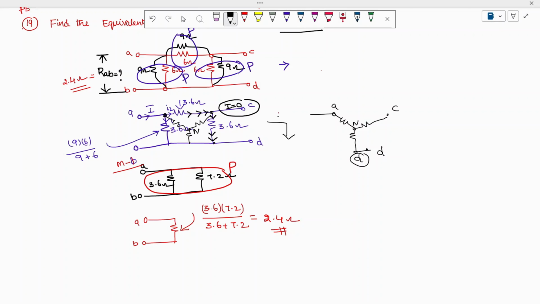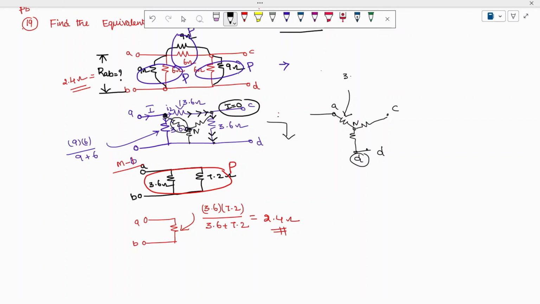So how to find this black color resistor, the center resistor? Because all resistors are the same, the answer is the same. So the center value you can find, this black color resistor is connected between which two violet color resistors? 3.6 and 3.6.